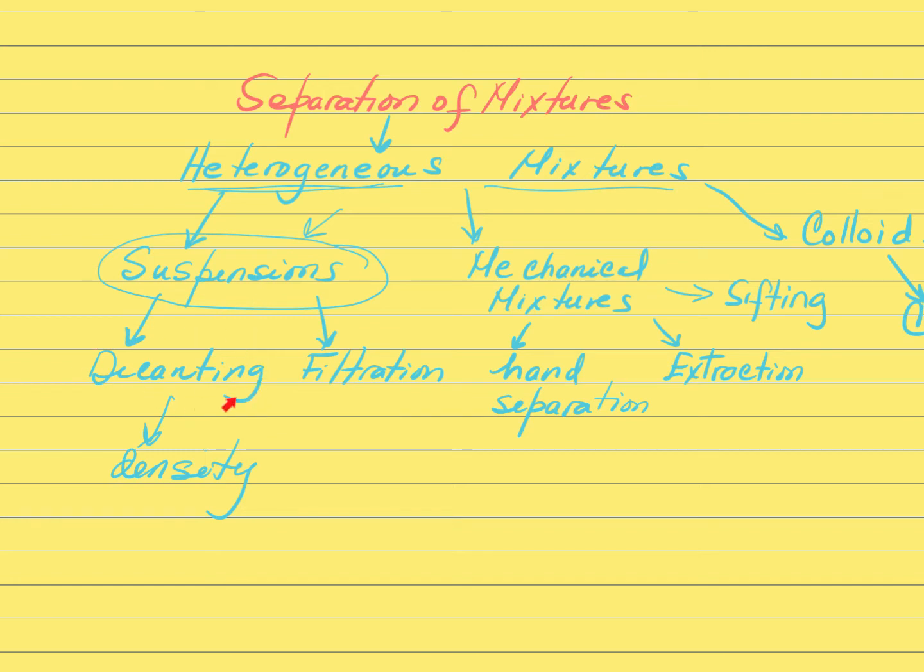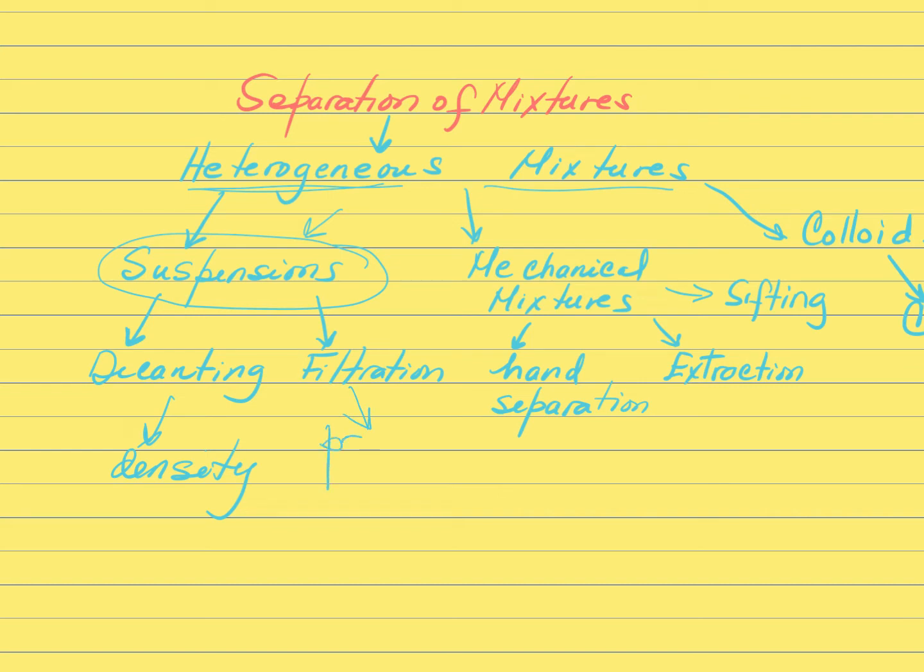You can use decanting. You remember on decanting, the property that you use is density, because you are removing the liquid that you have on top from the solid that has been deposited at the bottom. The physical property that you're using over there is density, because the solid is more dense, so it's going to settle. But let's say that you want to use filtration.